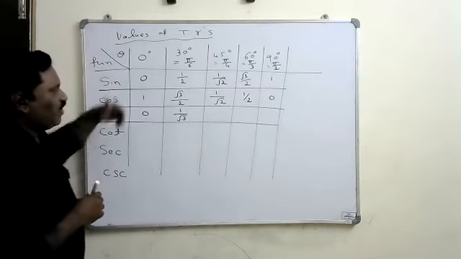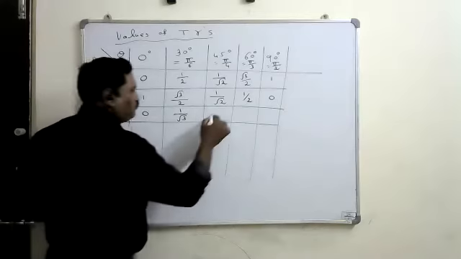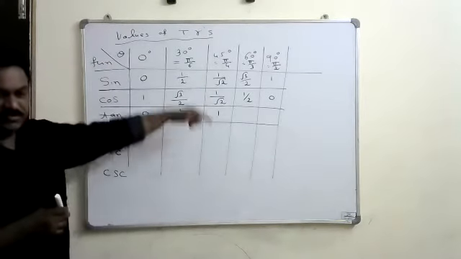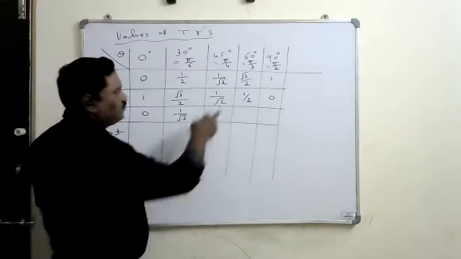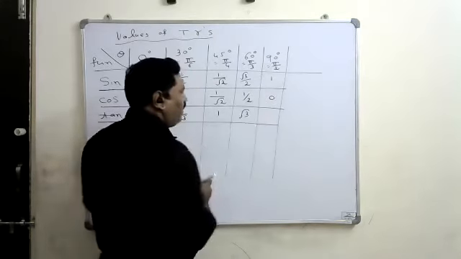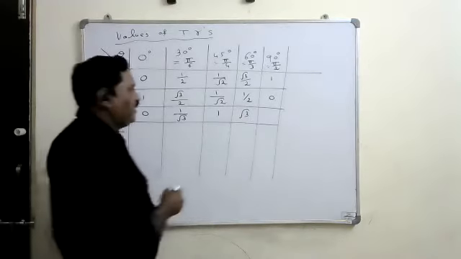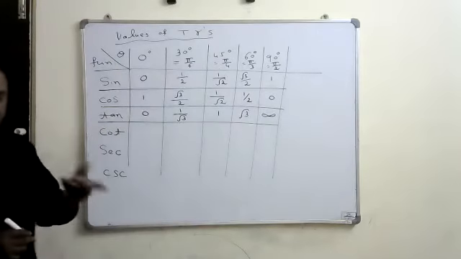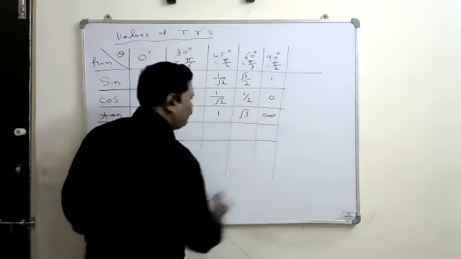Then tan 45 degree, 1 by root 2 upon 1 by root 2 gets cancelled, that is 1. Tan 60 is root 3. Tan 90 is 1 upon 0, not defined. You can call it infinite.